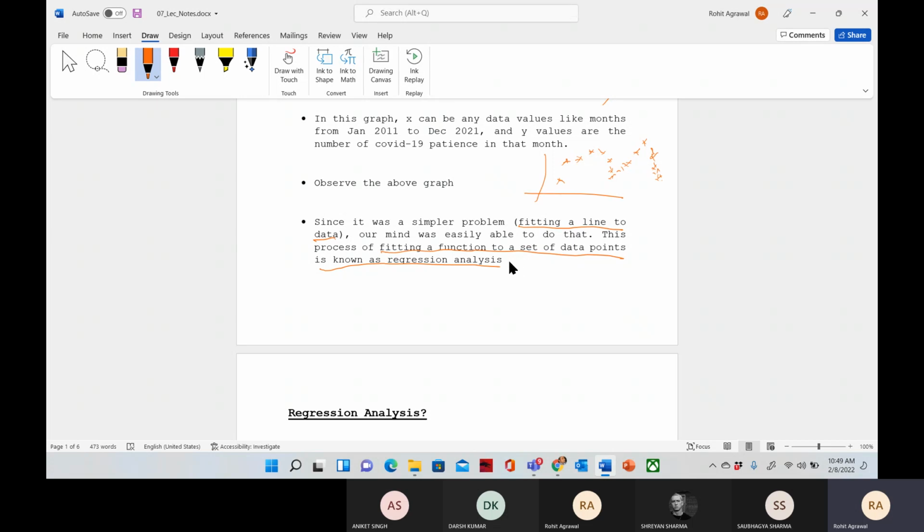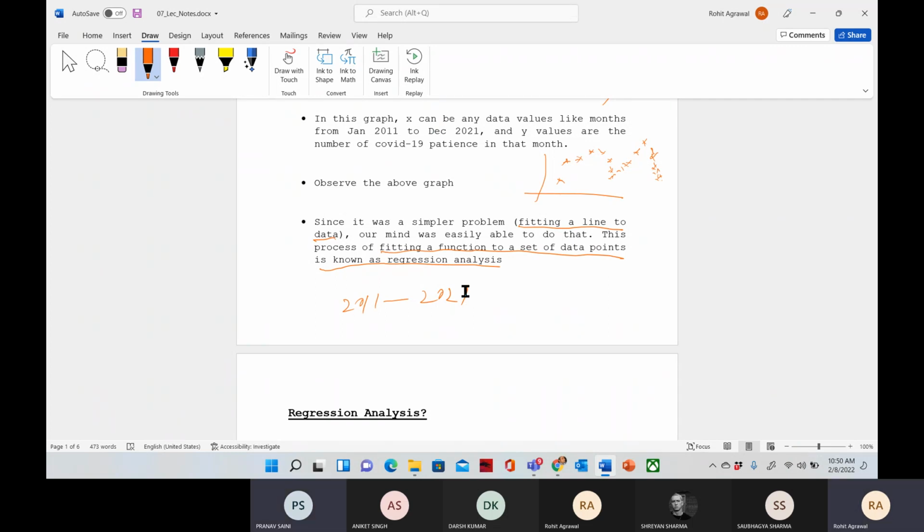Example you can have, suppose you are having from year 2011 to 2021, and the number of students going abroad for their masters. This kind of data you can also have. You can have the age and the height. You can have the number of COVID patients within each month.